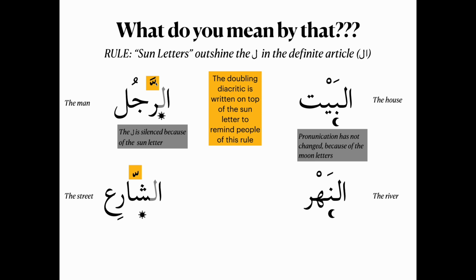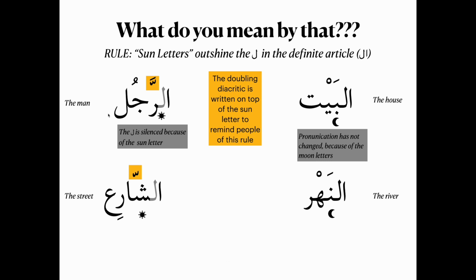Let's try pronouncing these words in the leftmost column. It is not al rajul, it is ar rajul. You double the ra, and you make this lam silent. I grayed it out just to let you know you're making the lam silent, and you should not really expect any markings on top of the lam. Just ar-rajul.